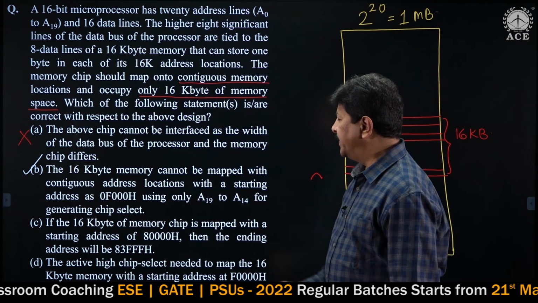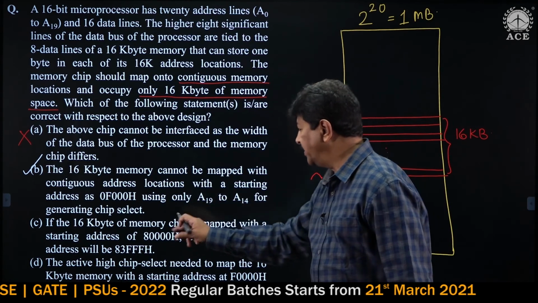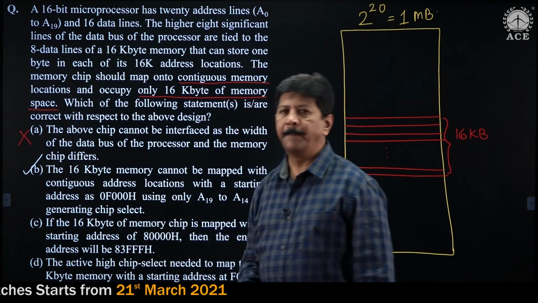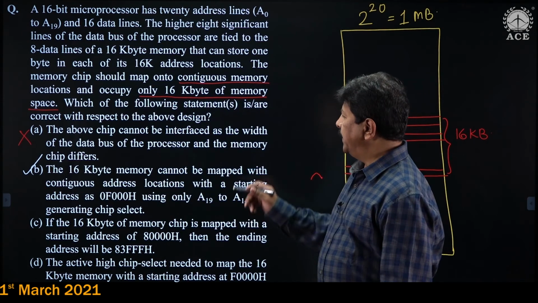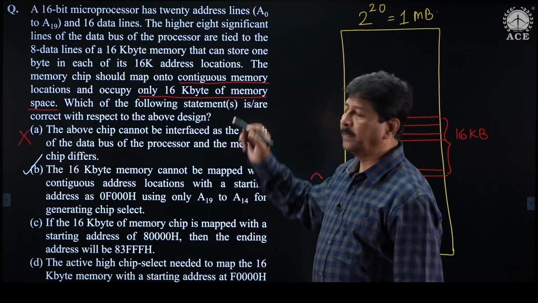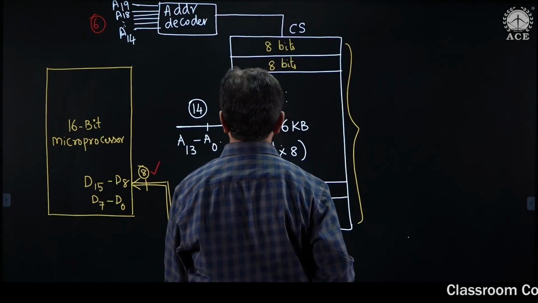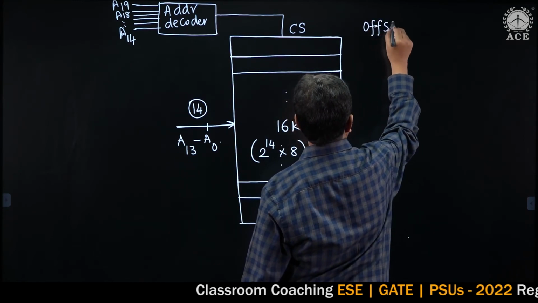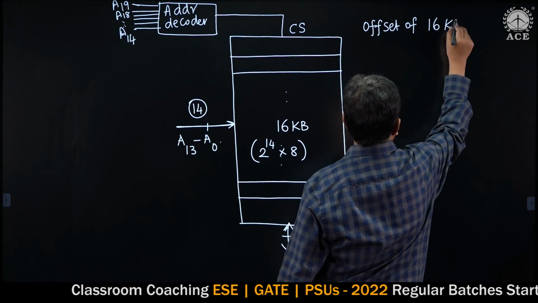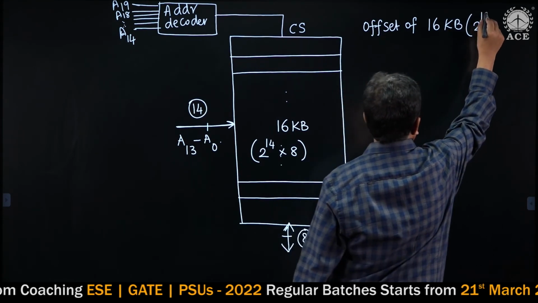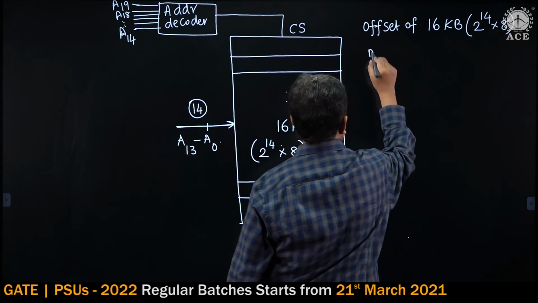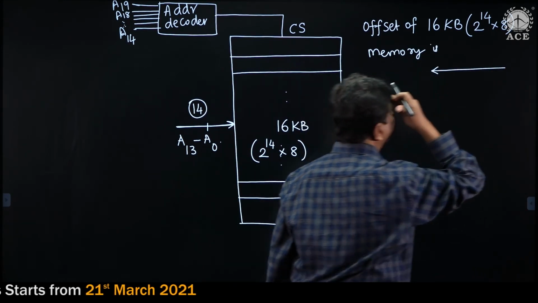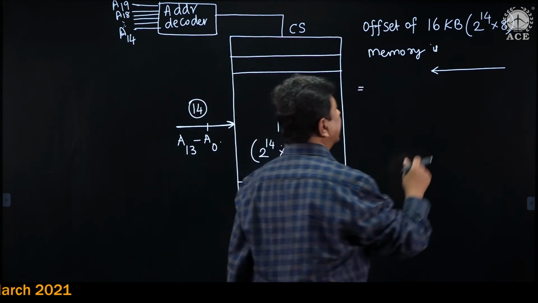Coming to the third one, if the 16 kilobyte memory chip is mapped with a starting address of 80000H, then the ending address will be 83FFFH. Yeah, this is the correct statement. What's the reason? The offset of your 16 kilobyte memory, we can calculate it like this. Starting from the right side, you have to keep 14 ones and the remaining 6 are zeros.